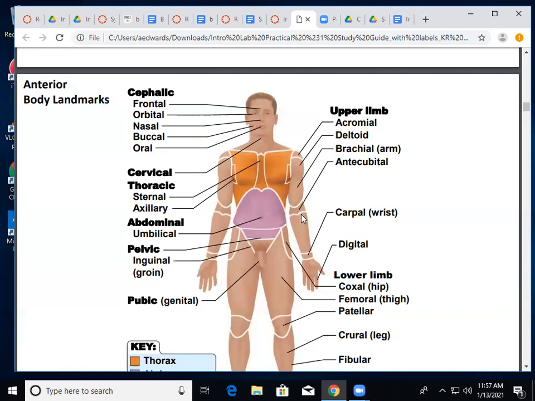Antecubital: this little space here is antecubital. Your wrist is called carpal. Anybody ever heard of carpal tunnel syndrome? Those are the wrists. Fingers are called digits. This is the digital region.